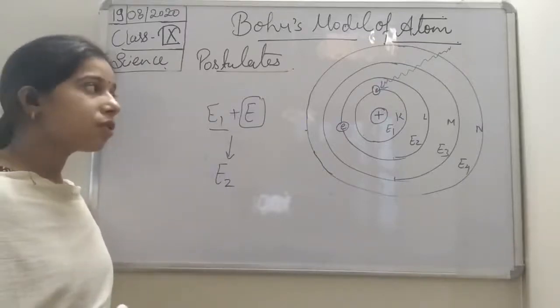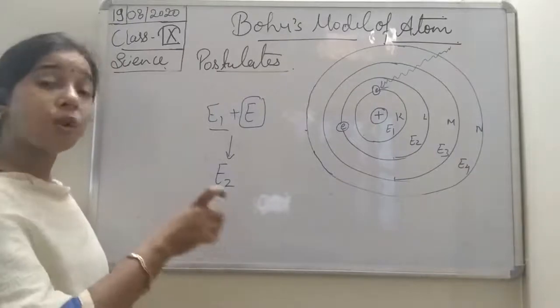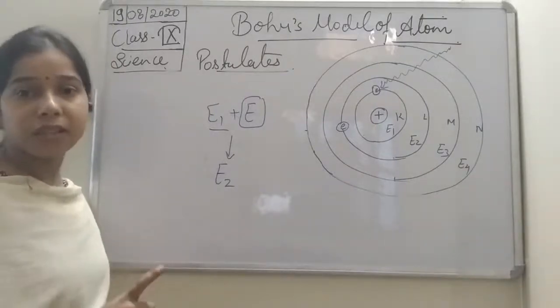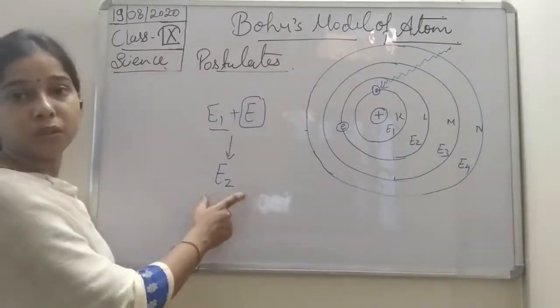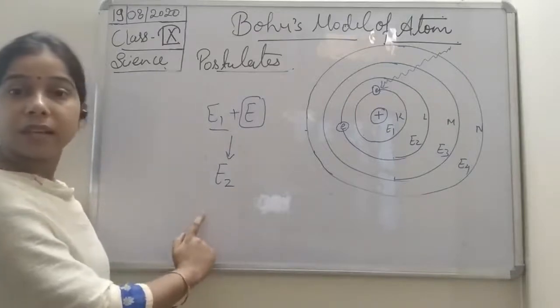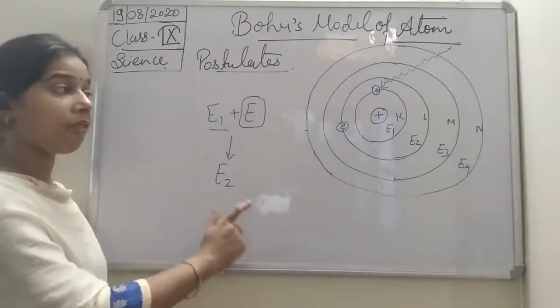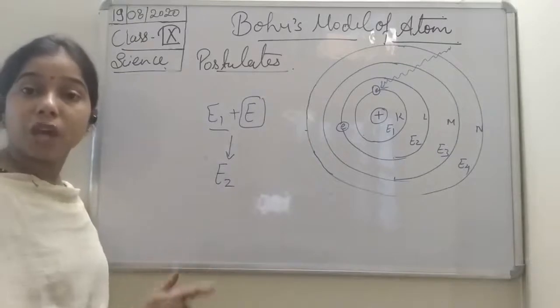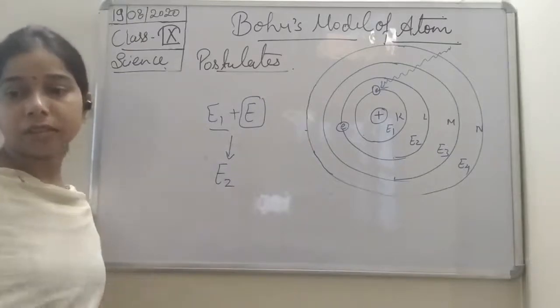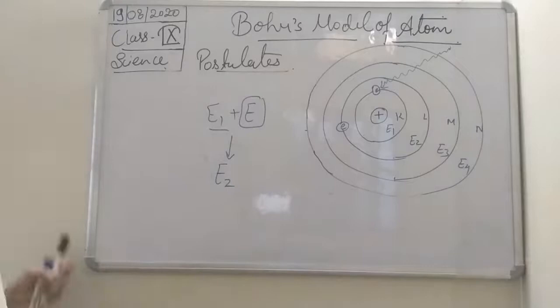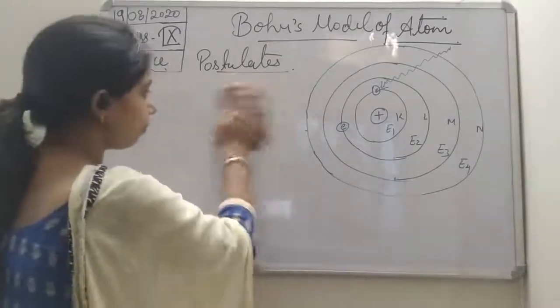Why is this so, students? It is because it absorbs the energy, and that energy is equal to E2. This E2, this fixed energy, is of the L shell, so it will jump from one shell to the other shell. So for this, students, we can write it.